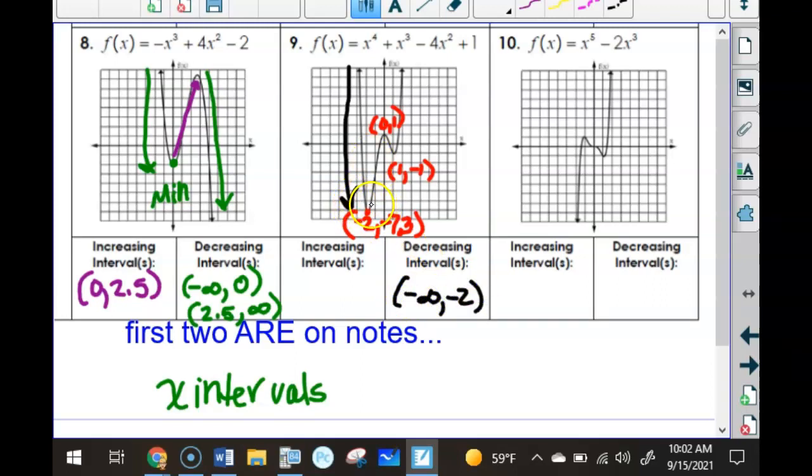Then it's going up between which two numbers? What are the two x's there? -2 and 0. Then it goes down for a very short time between what? 0 and 1, and then from 1 on to the right forever, it is increasing.